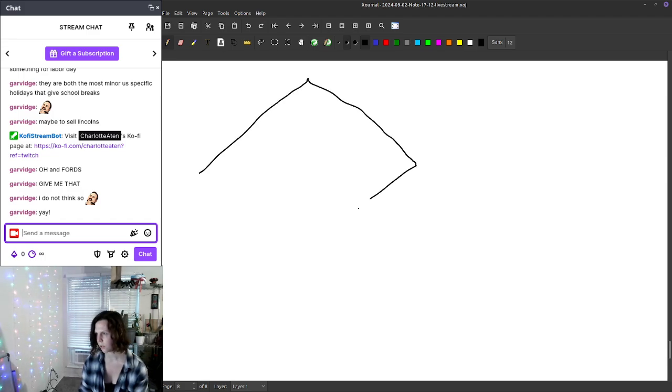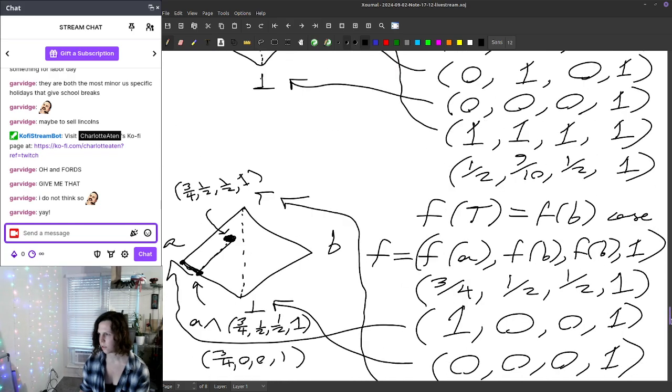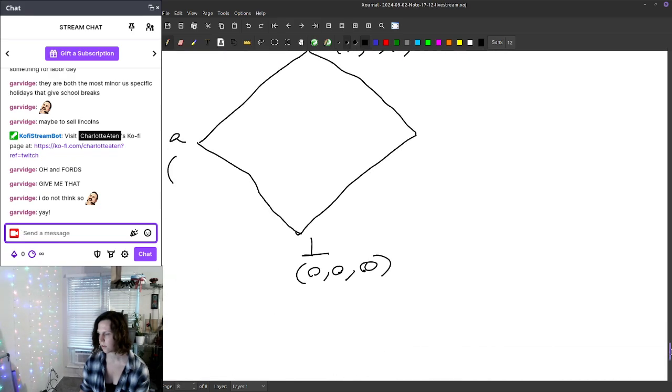Maybe I'll make a bigger picture. Okay. So here's the bottom element, which we think of like 0, 0, 0. I'm going to stop writing the last coordinate. Here's the top element, which we think of as like 1, 1, 1. And then here's the element A, and we think of that as 1, 0, 0.